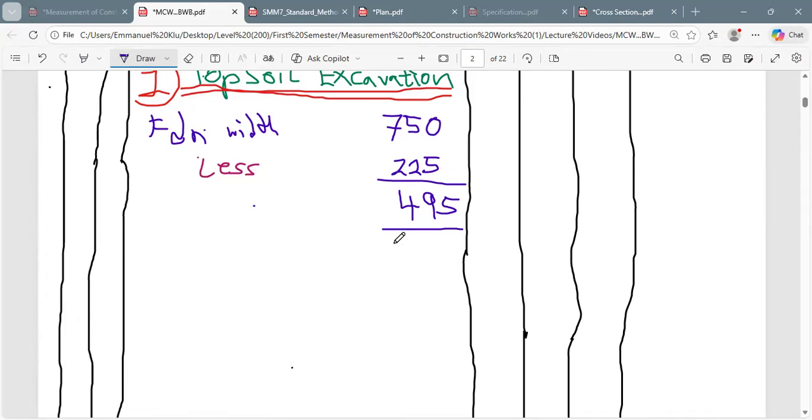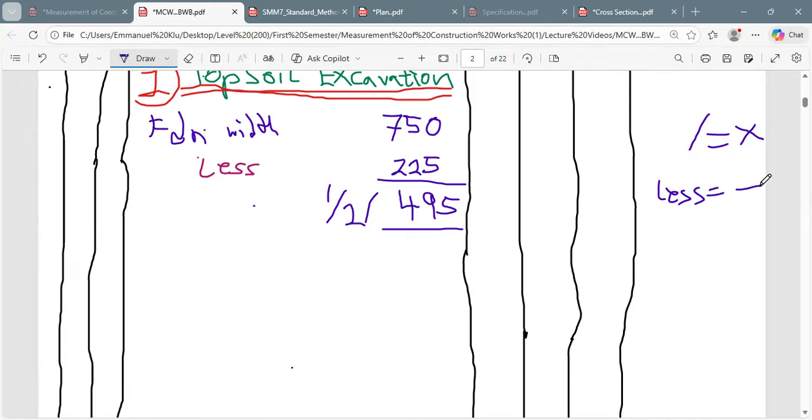But in measurement, we don't use the division sign we all know. Instead of writing divided by 2, you write 1 over 2, times this. This means multiplication. And less, the less means what?